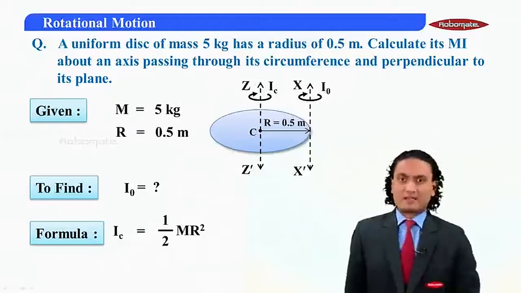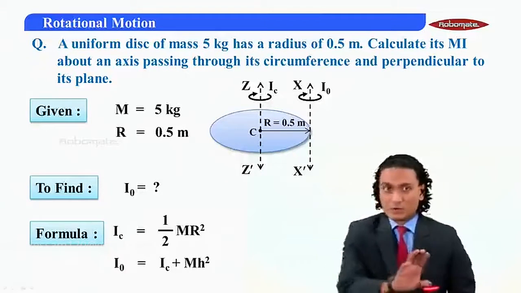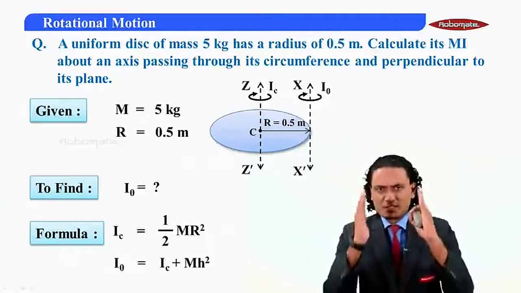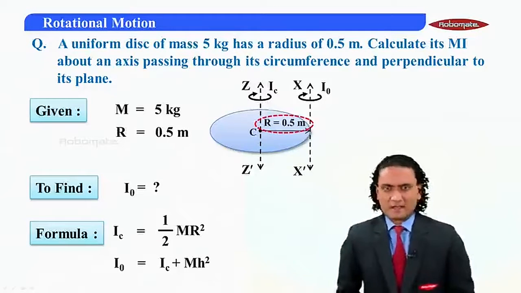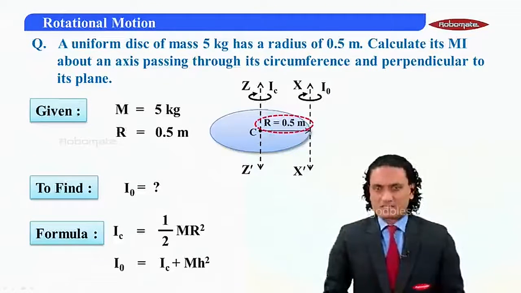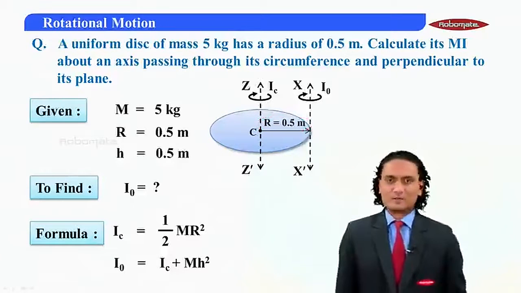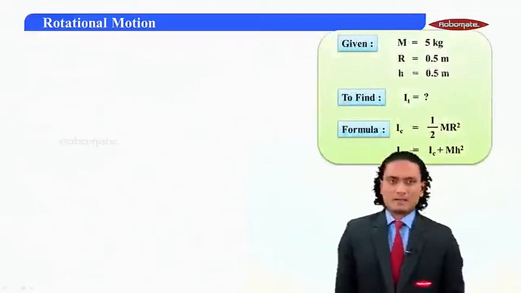And then I can write the parallel axis theorem: I naught is IC plus mh square. Hold on. What is h? See the diagram. H is the distance between the two parallel axes. R is 0.5 and H is the distance between the two axes. So we can say H is also 0.5. Very simple. Now let us move on to the solution.